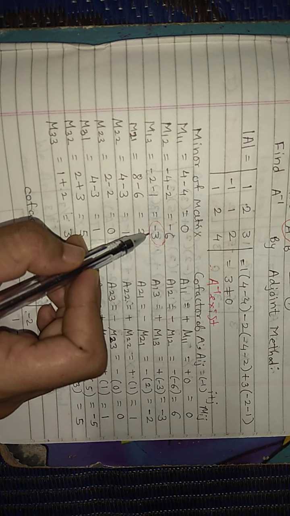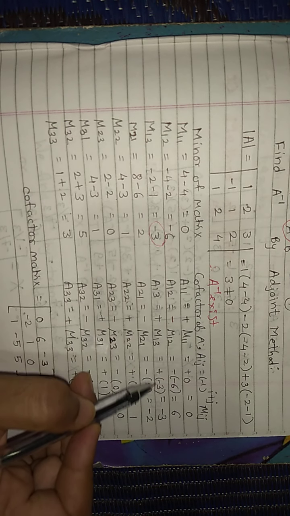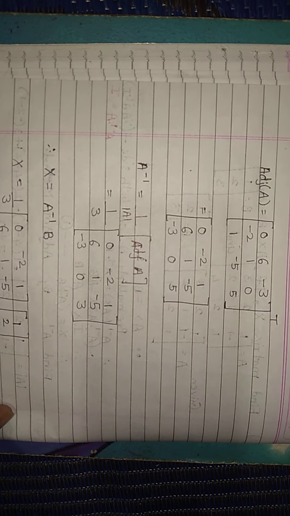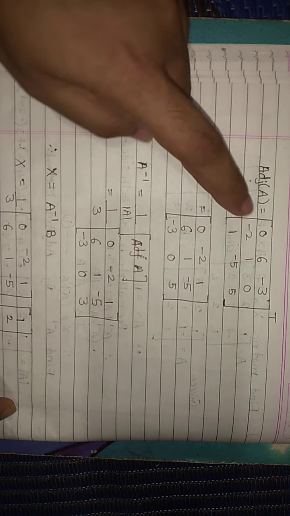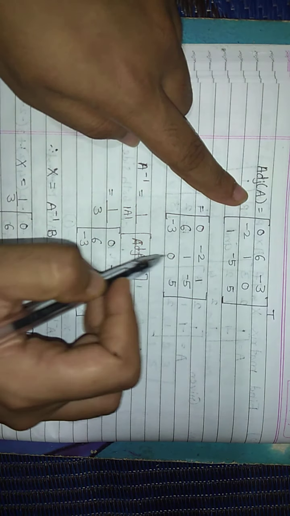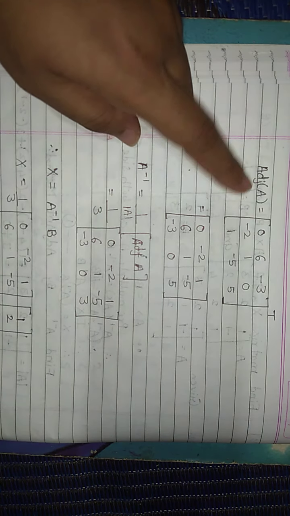We got M13 with a minus sign, so plus minus 3 is minus 3. Similarly, we solve the others. Then we write the whole of this in a cofactor matrix: 0, 6, minus 3; minus 2, 1, 0; 1, minus 5, 5. The adjoint of A is nothing but the transpose of the cofactor. So we write the cofactor, and transpose is nothing but converting rows into columns. So every row we write column-wise.